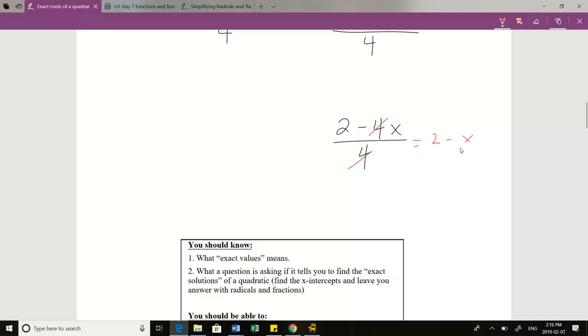So that's part of why we can't do this, because this is actually equal to 2 over 4 minus 4x over 4, right? It's both of those terms over 4. So what am I doing when I cancel out one of these right here? Well, I haven't canceled it out from this term, and that's a problem. That's why we can't cancel out in those individual terms if I'm adding 2 terms or subtracting 2 terms or even more terms, right?